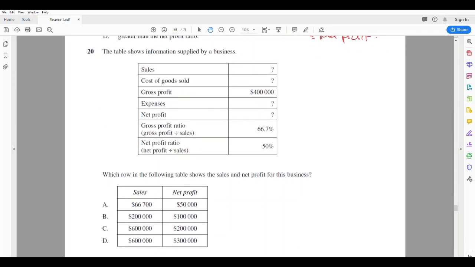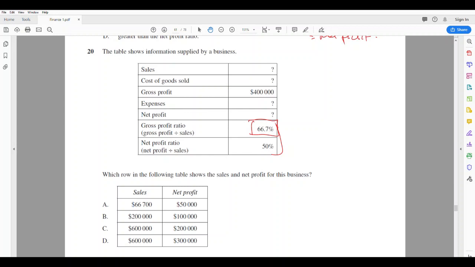Question 20. A little bit of maths. We know our ratios over here. Which row in the following table shows the sales and net profit for a business? We've been given the ratio as 66.7%, so 66.67% for gross profit.